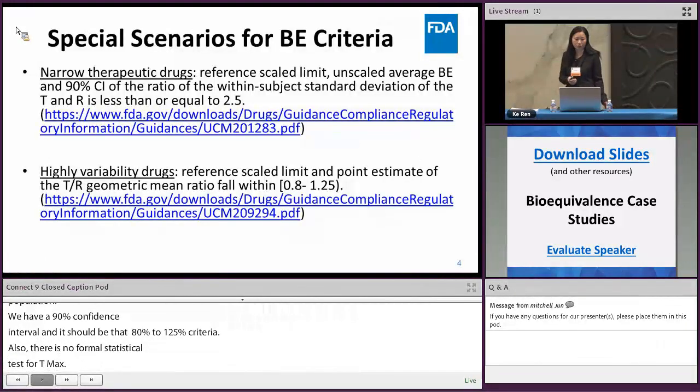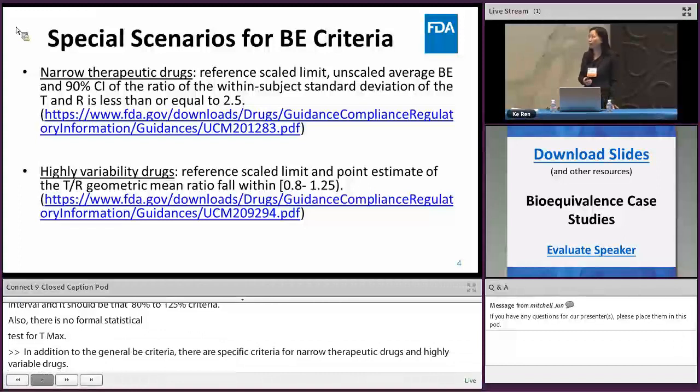In addition to the general BE criteria, there are specific criteria for narrow therapeutic index drugs and highly variable drugs. It is not in our scope to discuss the classification criteria for NTI and highly variable drugs in this talk.